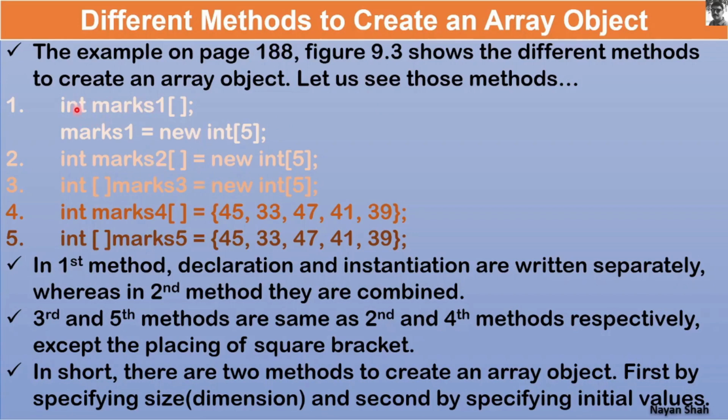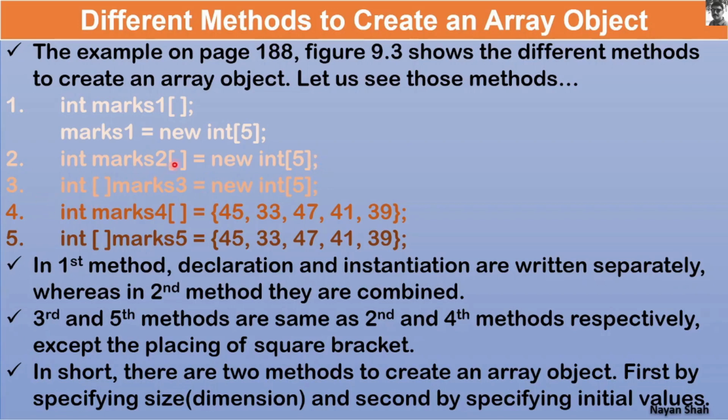Let us see the first one, integer marks of 1 square bracket, and then we say marks 1 is equal to new integer of size 5. As you know, we can combine these 2 and we can write like this, as in the second method, integer marks of 2 is equal to new integer 5.